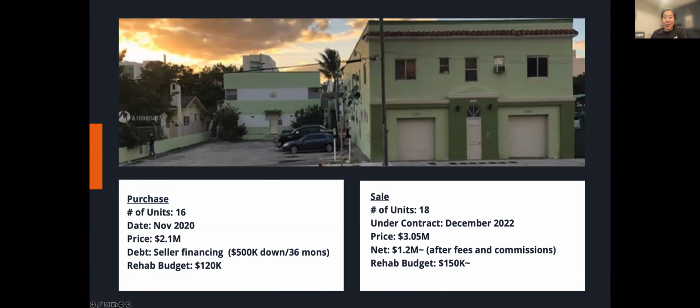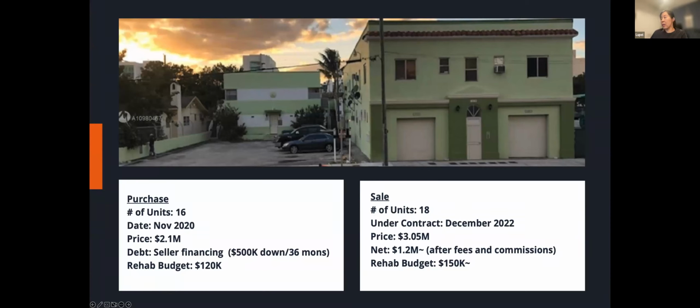But when you look for value add, you're gonna realize the uglier, the better, because then you can make it pretty. So the basic plan is, when we purchased this, originally it was 16 units. There was additional space that was used for a warehouse, so we turned it into additional units.